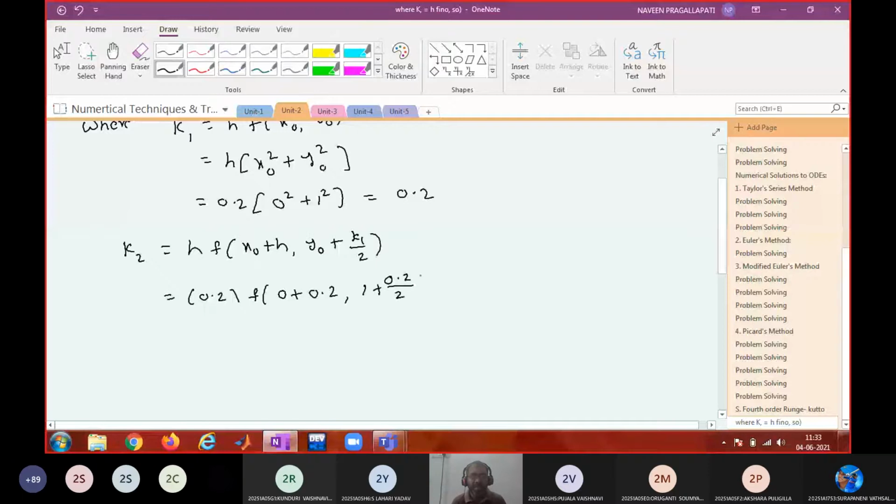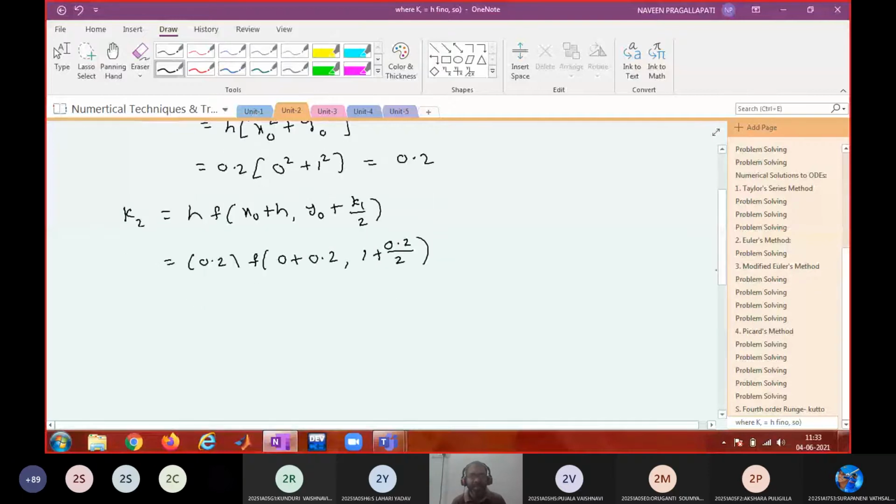Simplify here, then write down the formula for f. Sir, is there any mistake in 0.2? It is x naught plus h by 2, so it has to be 0.2 by 2. Correct, so it has to be 0.1, comma 1.1.